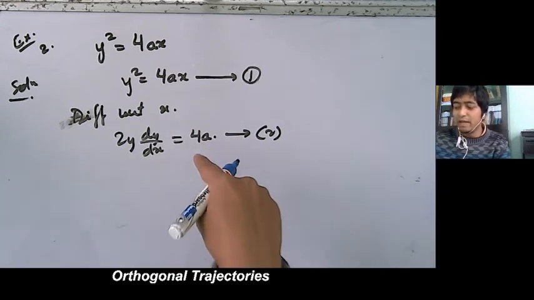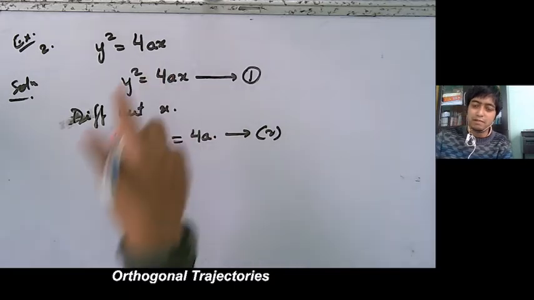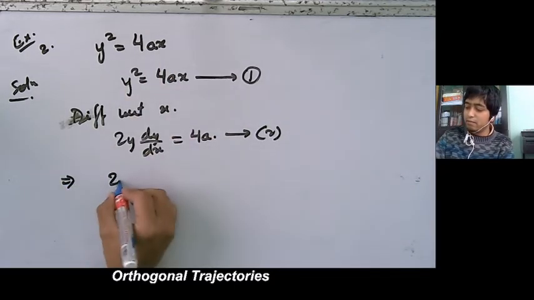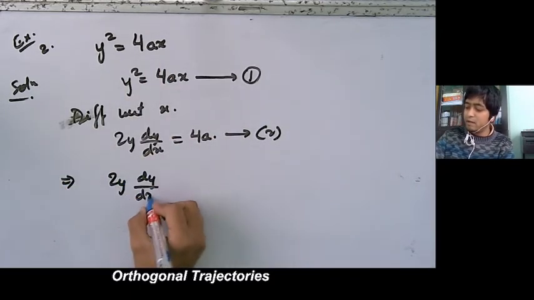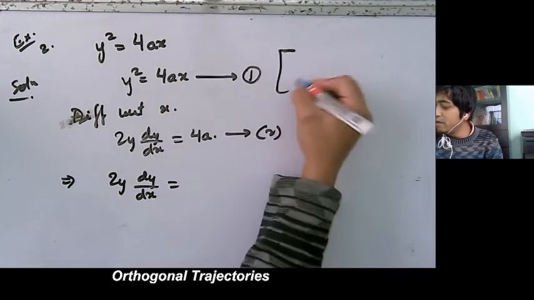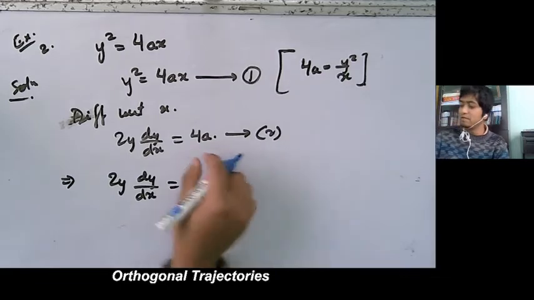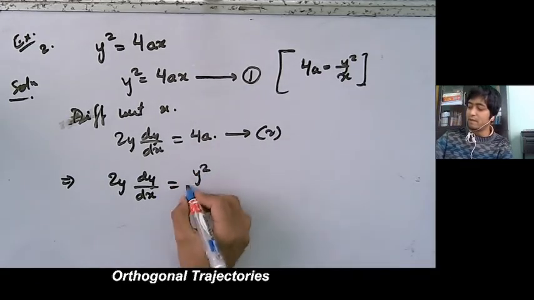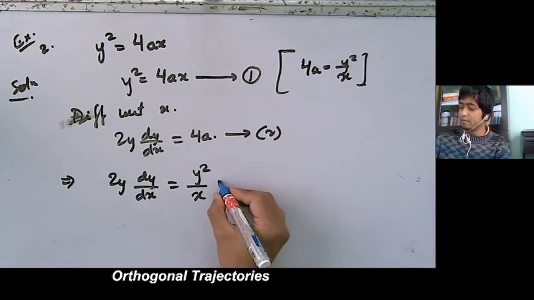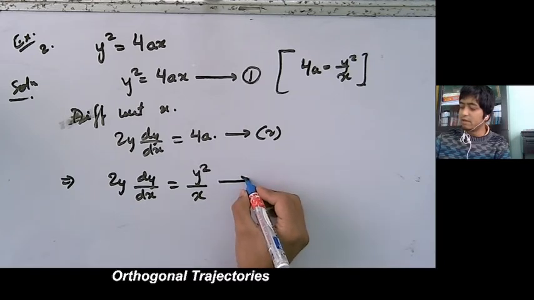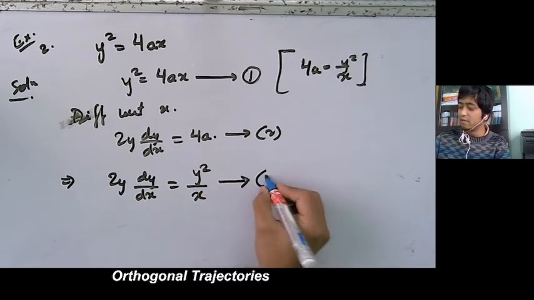We will have to eliminate a from equation 2 by using 1. From equation 1, we can write 4a equal y squared upon x. So we can substitute here, and now we are having this equation 3.